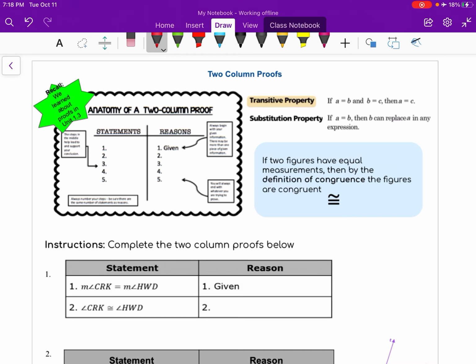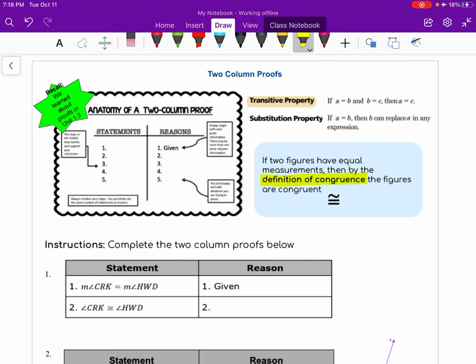Today, we're going to learn about one new thing that we can use as a reason. And that reason is called the definition of congruence. So if two figures have equal measures, then we can use the definition of congruence to prove that the figures are congruent.